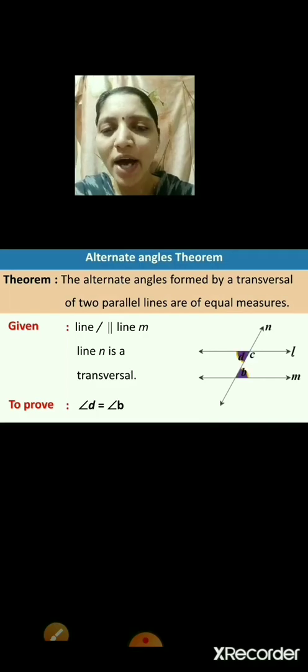Line L is parallel to line M and line N is a transversal, and what you have to prove is angle D is equal to angle B. Here angle D and angle B are a pair of alternate interior angles. So if line L is parallel to line M and line N is their transversal, then whatever alternate interior angles are formed here will be equal.